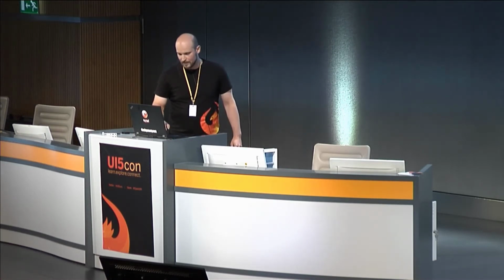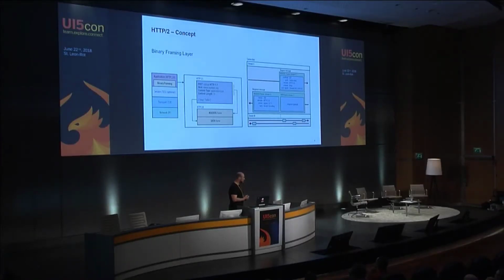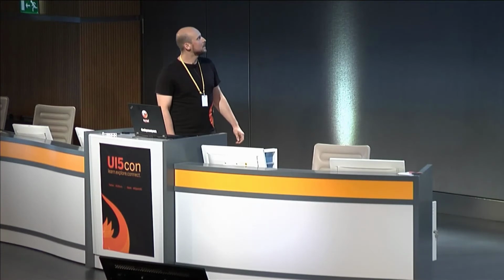And the biggest change in this protocol is actually the binary framing layer. So in HTTP 1.1, for example for this POST request, it's one request. It contained the header and the data all in one, which led to quite some problems.